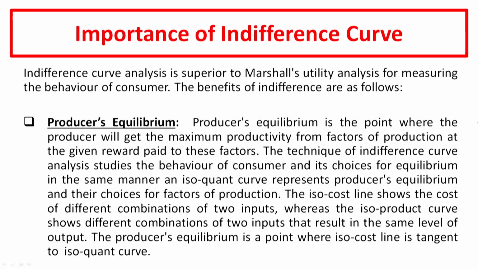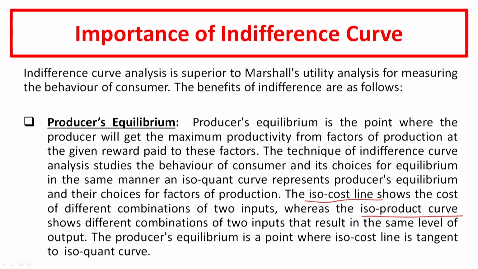Just like in knowing the consumer equilibrium, we use price line and indifference curve, in the same manner, we use the concept of ISO cost line and the ISO product curve. These two are important in order to know the producer equilibrium.